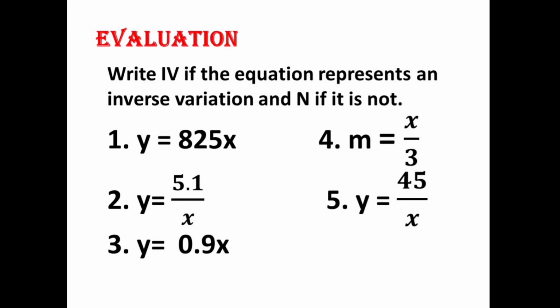Number 3, y equals 0.9x. Number 4, m equals x over 3. Number 5, y equals 45 over x. What will be the answers? 1 is N. 2, IV, inverse variation. 3, N. 4, N. 5, IV.